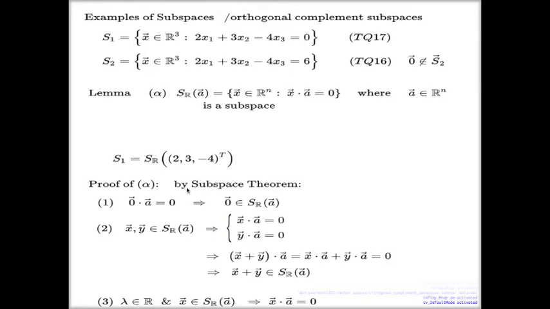So here's a demonstration of what you have to do if you need to argue otherwise. If you need to argue that something is not a subspace, you need to fail one of the criteria. And you fail those criteria by giving, listen carefully, a numerical counterexample. Nothing else works. No matter how many paragraphs you write on why it doesn't work, nobody is going to take this. Only a numerical counterexample does the job. So it is your task, if you believe that something is not a subspace, to come up with a counterexample which shows that one of the criteria is not satisfied.